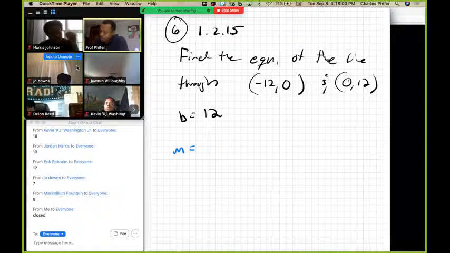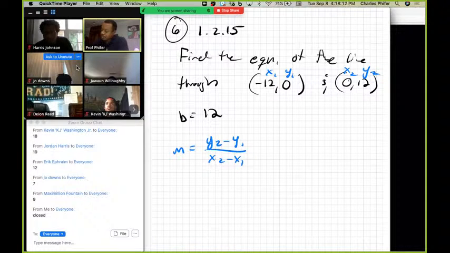We said y2 minus y1 over x2 minus x1. x1, y1, x2, y2. 12 minus 0 over 0 minus negative 12. Okay? So it looks like positive 1. So then the slope-intercept form is going to be y equals x plus 12.